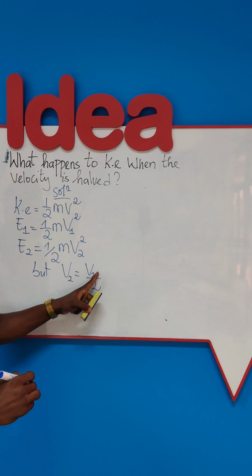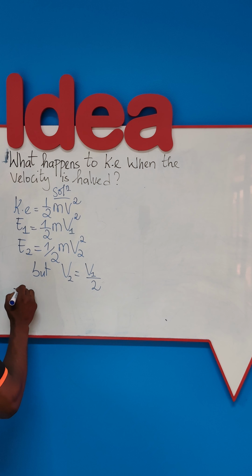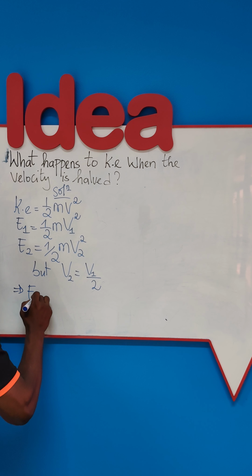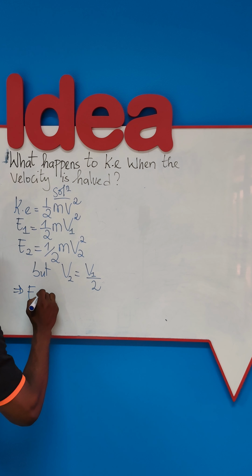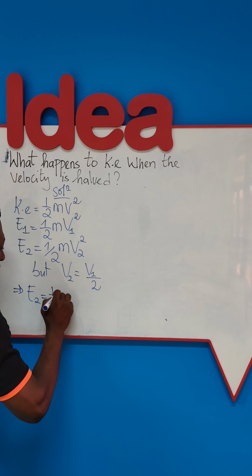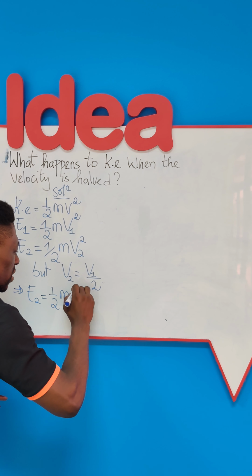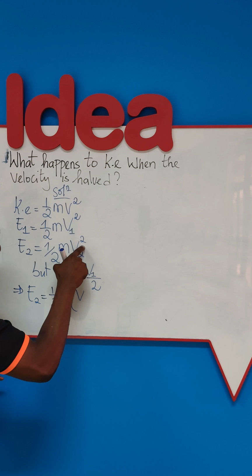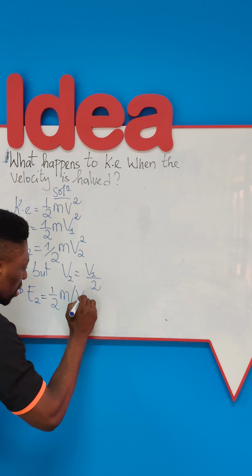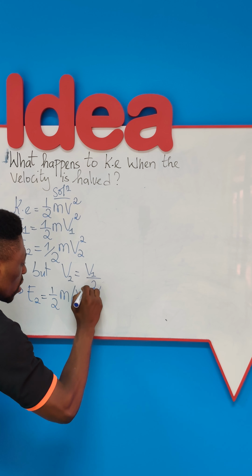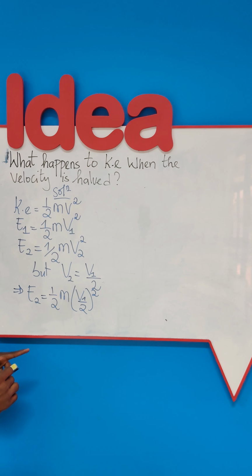So we will say therefore E2, the second kinetic energy, will be equal to half of the mass, this time around times V2 all squared, which is actually V1 all over 2, and then we raise all this part to the power 2.